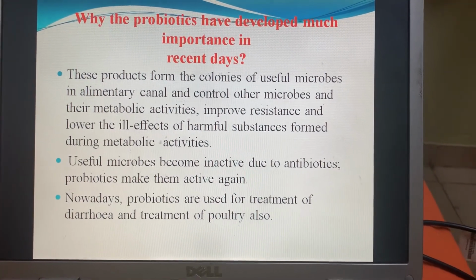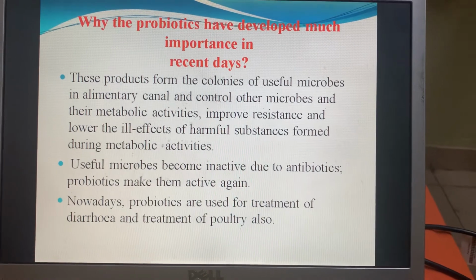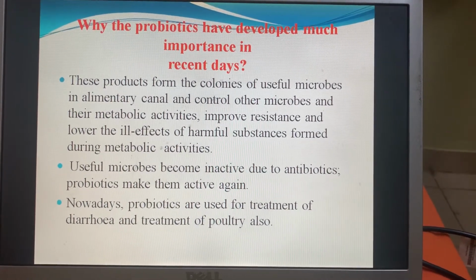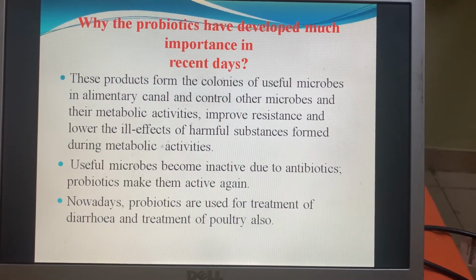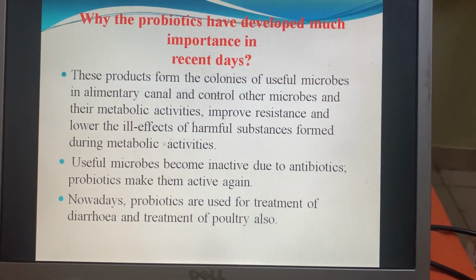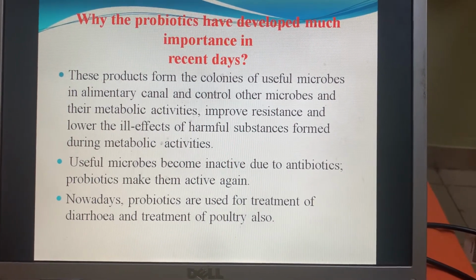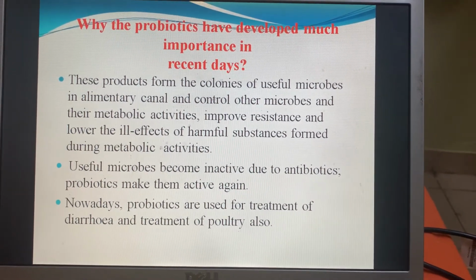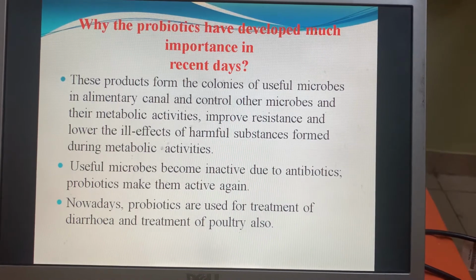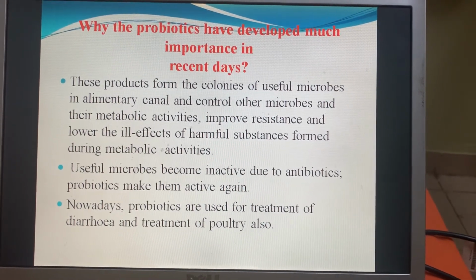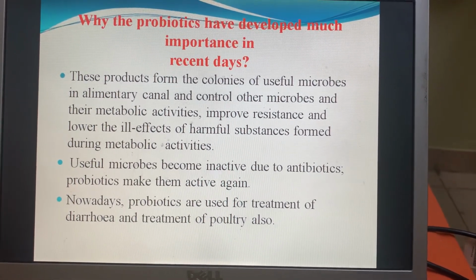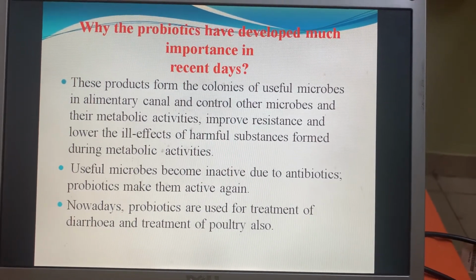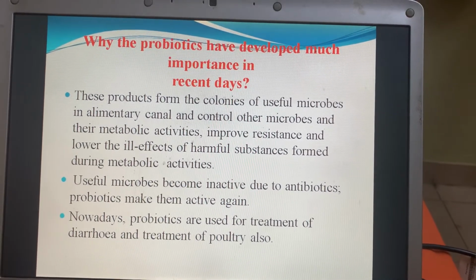Also, they improve the resistance and lower the ill effect of harmful substances formed during our metabolism. Useful microbes become inactive due to the antibiotics that we mostly take. But probiotics make them active again. Nowadays, probiotics are used for treatment in diarrhea and also in poultry.